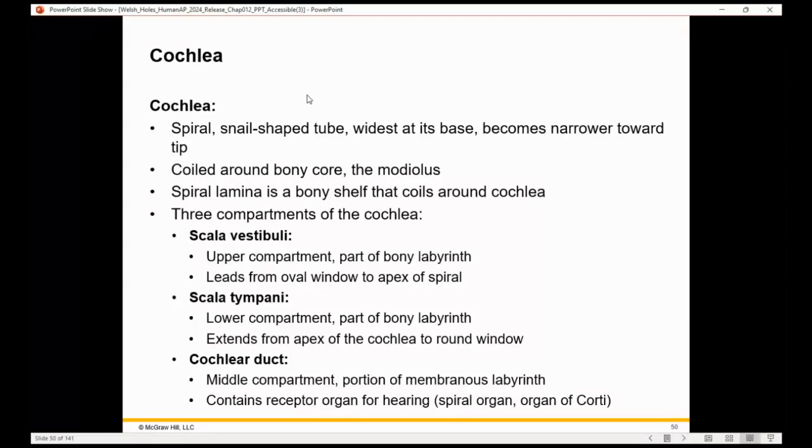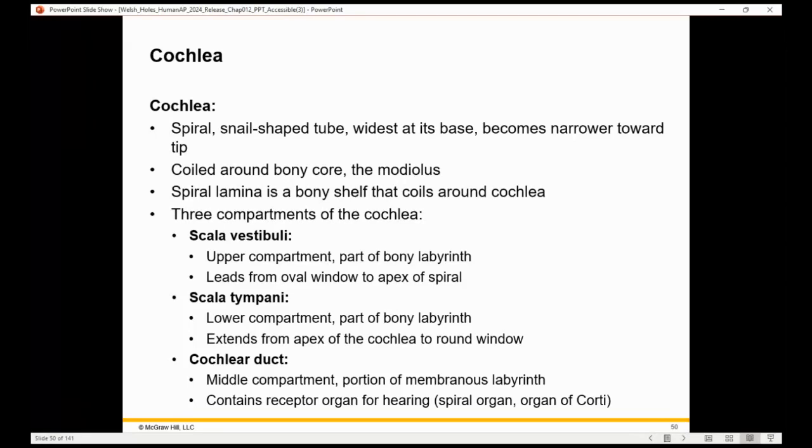The cochlea. This is a spiral, snail-shaped tube, which is widest at its base, and it becomes narrower towards the tip. It's coiled around the bony core, or the modiolus. The spiral lamina is a bony shelf that coils around the cochlea.